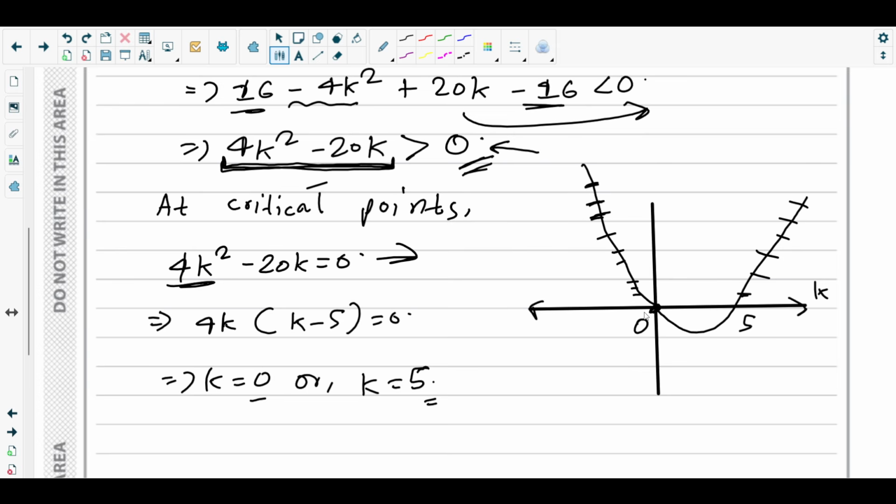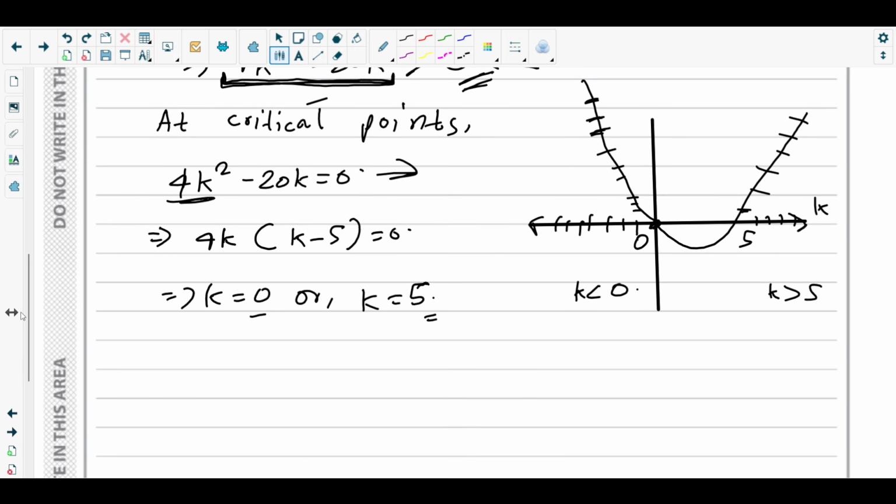Okay, so the k values are these ones. So k here greater than 5, and here k less than 0. For these k values, the y value of this equation will be greater than 0. That means these k values will support the inequality.